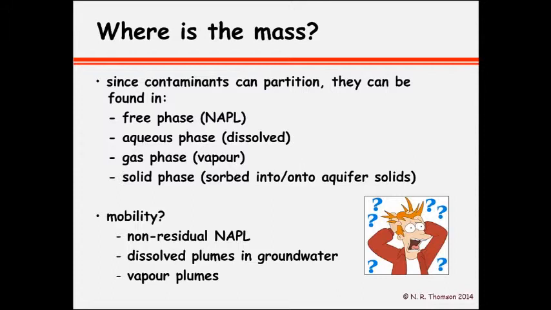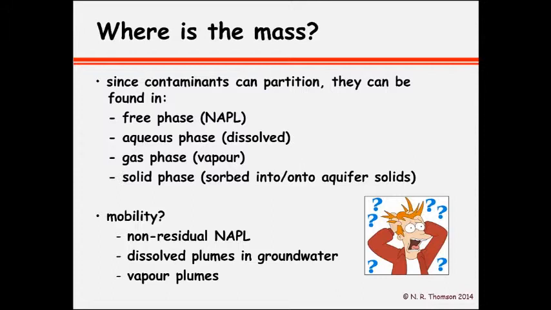Each of those phases, except for the solid phase, may be a mobile phase. Perhaps you have a non-aqueous phase that has not come to a state of rest yet, and perhaps may be able to flow. Dissolved plumes obviously are a concern, and vapor plumes are obviously a concern as well.